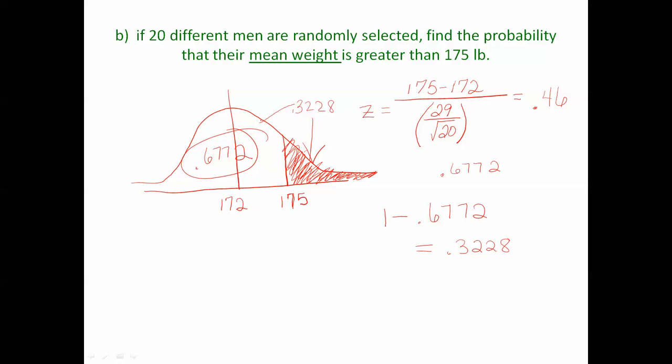See, if I added these two areas back together, I would have the total area under the curve of 100%. So the probability that the mean weight of that group of 20 men being greater than 175 is 32.28%.